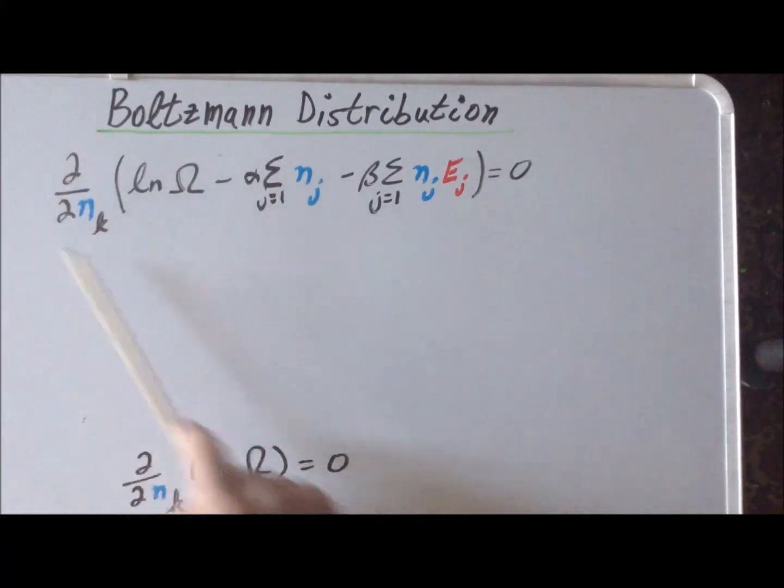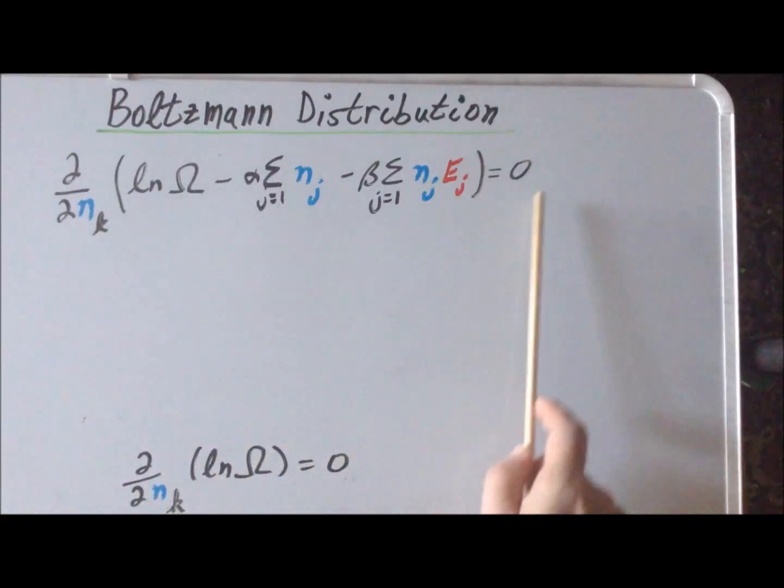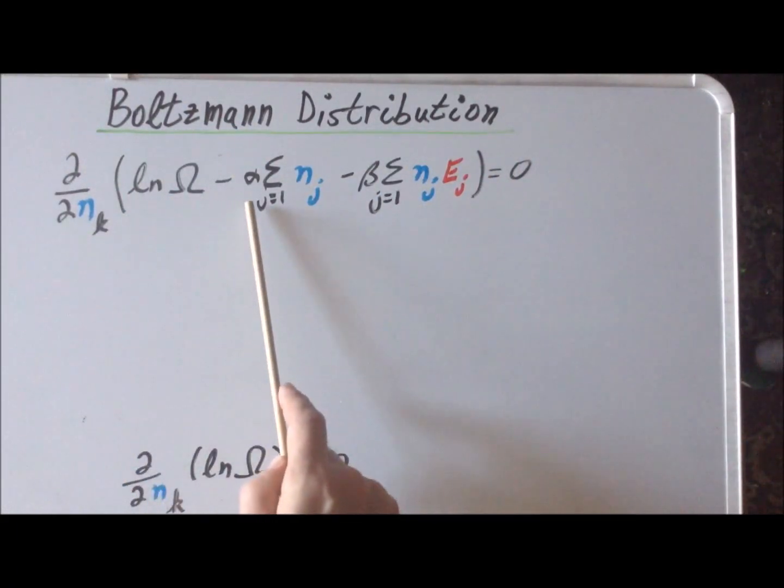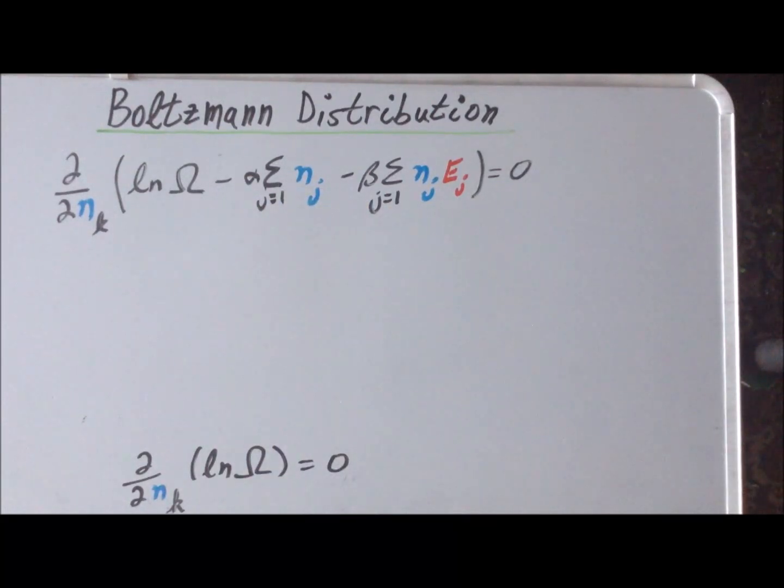So the way that we can maximize the natural log of omega, subject to the two constraints, is by means of this particular expression using the undetermined multipliers alpha and beta. If we had more restrictions, then we would have gamma, delta, for example. Going from here to here is somewhat complicated, but we need to do that to account for the two restrictions on our system.